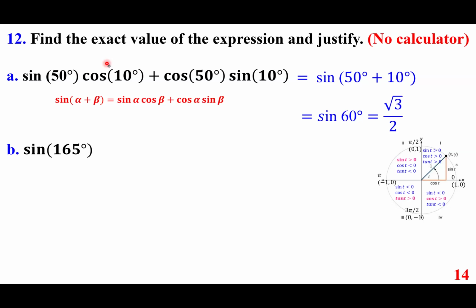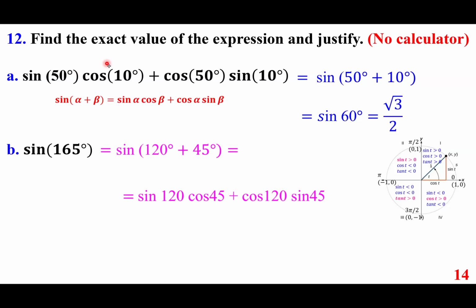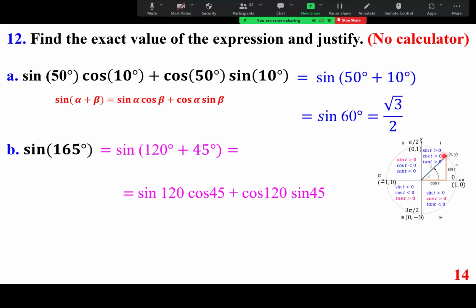Sine of 165. We can write it as sine of 120 plus 45. We are choosing common arcs, which makes it sine of alpha plus beta, sine of 120 cosine of 45, cosine of 120 sine of 45. That's what it makes. Now, again, I'm reminding you of the different quadrants, and 120 degrees puts us in quadrant 2.